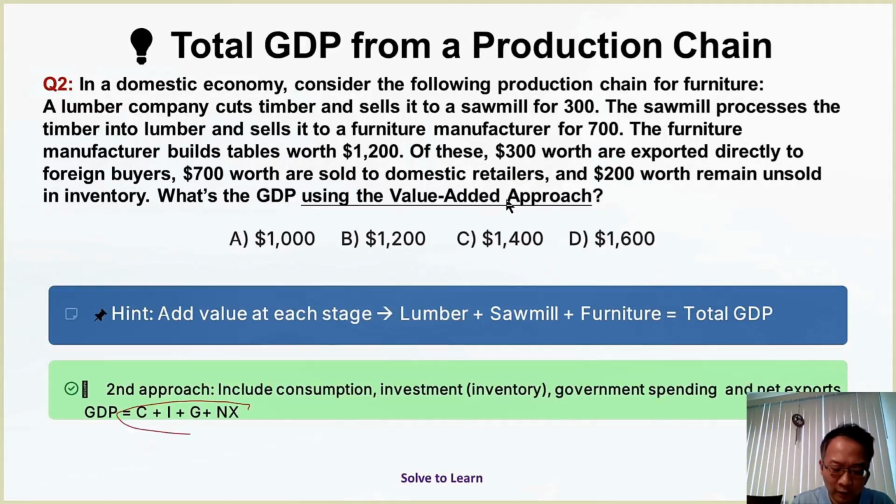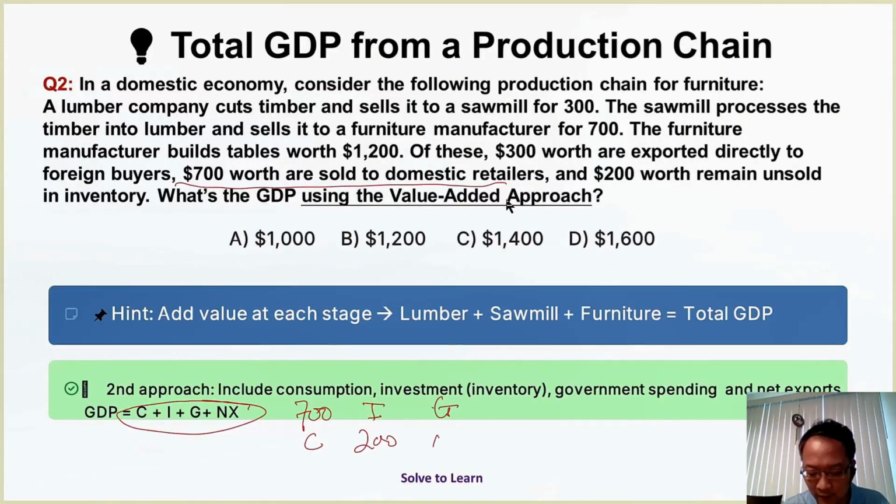Besides that, there's another way to calculate GDP. Domestically, what is domestic consumption? 700. So C is 700. What about investment? That is, how much was ultimately put into inventory, because it wasn't sold and is just counted as fixed asset investment. Well, that's 200. After calculating investment, what is G?